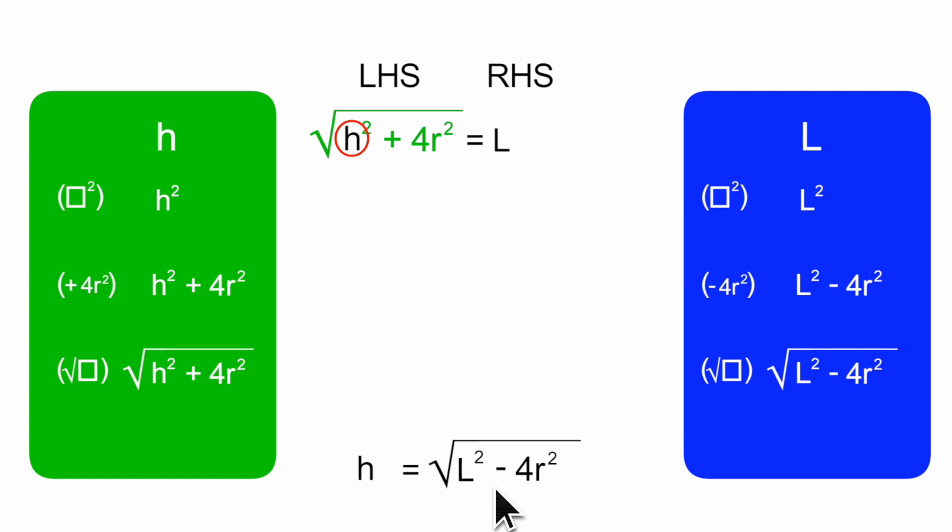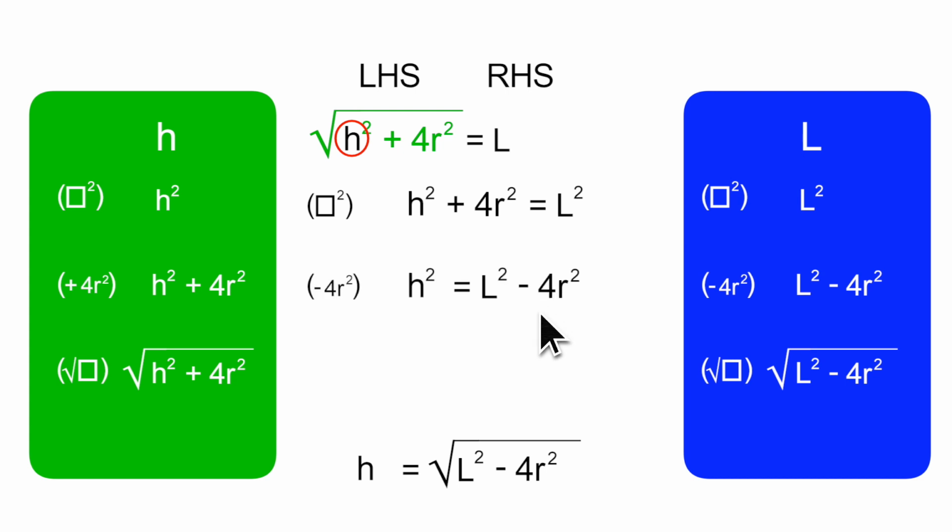Let's compare this to the traditional approach. So if I was doing this, the first thing I'm going to do is square both sides. So we end up with h squared add 4r squared is equal to L squared. Next, we're going to subtract 4r squared from both sides. So we end up with h squared is equal to L squared subtract 4r squared.